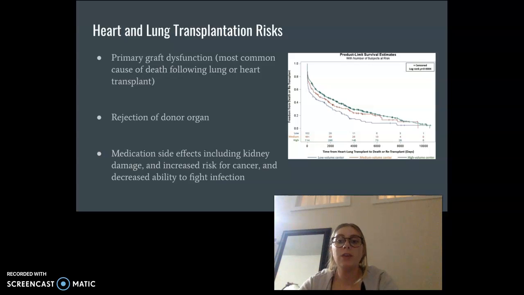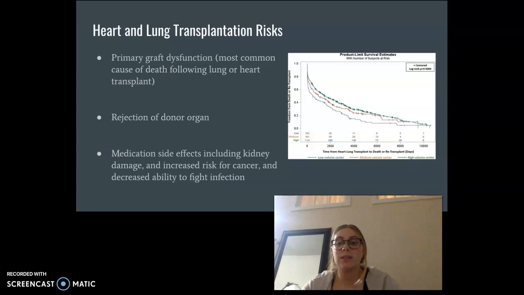And then another risk is the new donor organ being rejected. I am going to touch on this a little bit more, but your donor organ needs to match you. So the right size, the right blood type and everything. And even if it does match, the bottom line is that you are putting a foreign organ into your body.